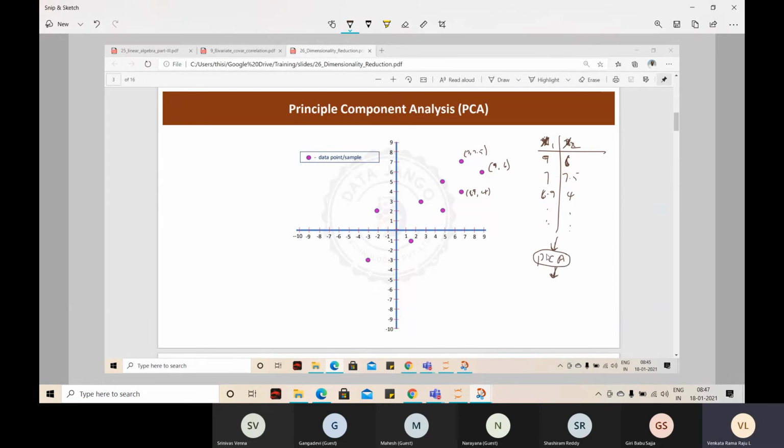The extract is called Z1, Z2. Why am I saying X1, X2 you put into a crusher, you got Z1, Z2? Because it mixes up everything and brings out the essence only.